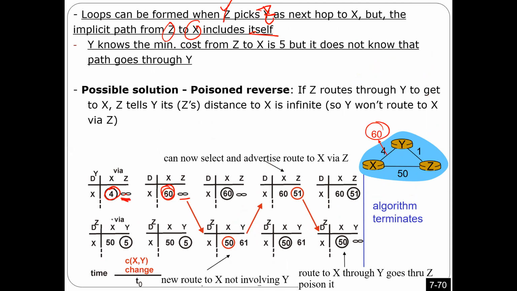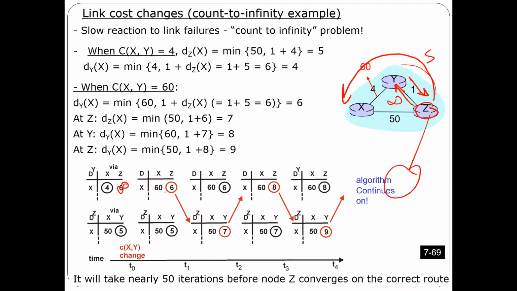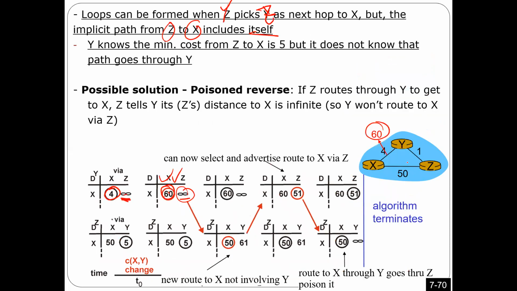But because 60 is still better than infinity, I'm going to continue here, right? What happened before was that it was actually 60 and this one was 6. That's why I moved from here to here, and this created the very slow convergence, okay? But this one is still 60, so I'm going to broadcast the 60 here.